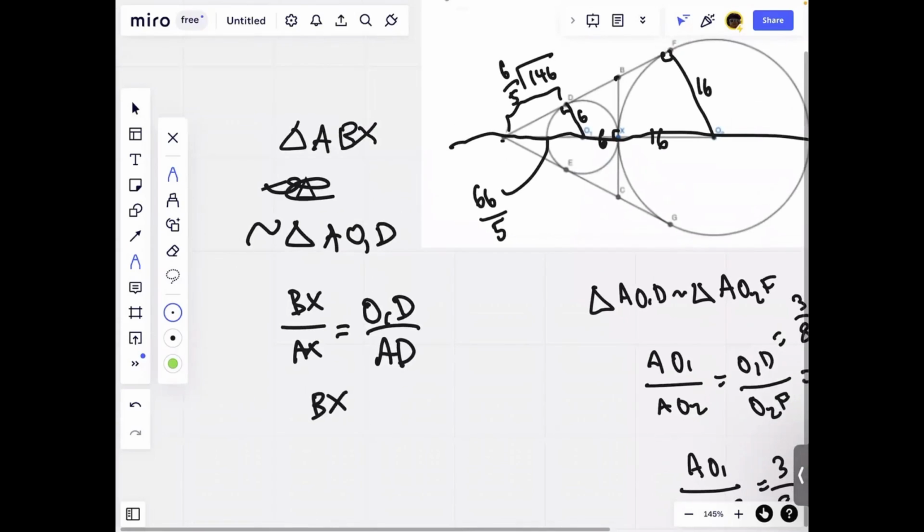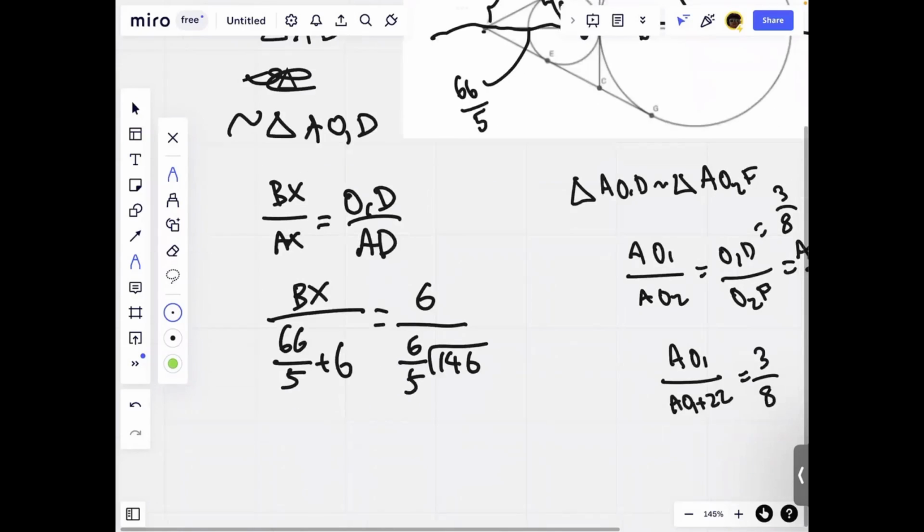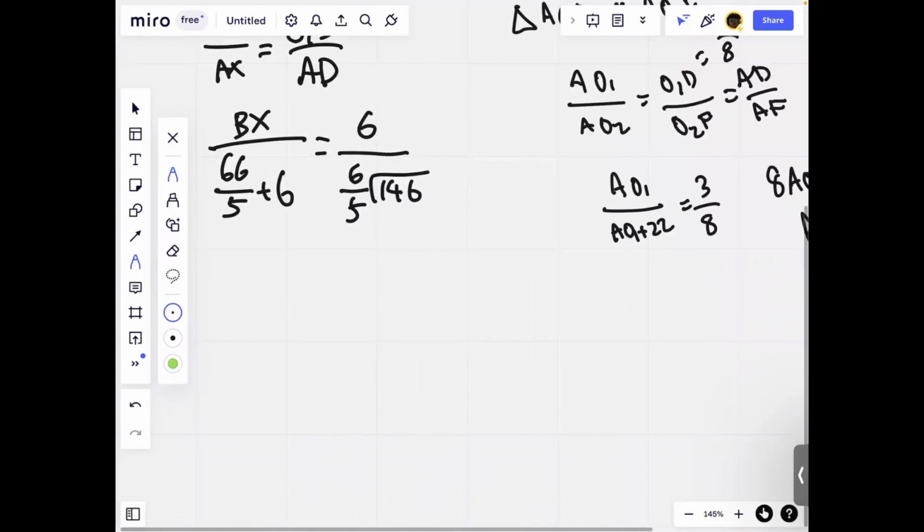AX is equal to AO1 plus O1X, which is equal to 66 over 5 plus 6. And then O1D is equal to 6, and AD is 6/5 times the square root of 146. So we can use this to find BX.